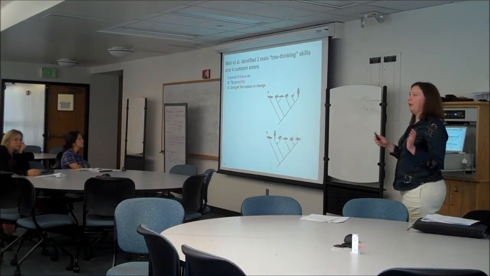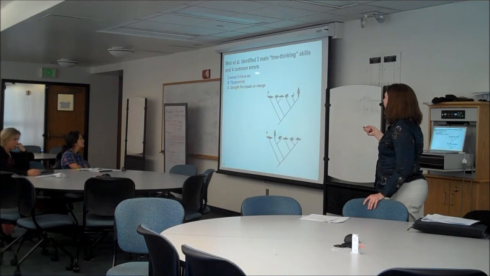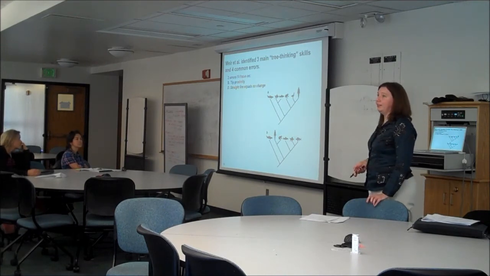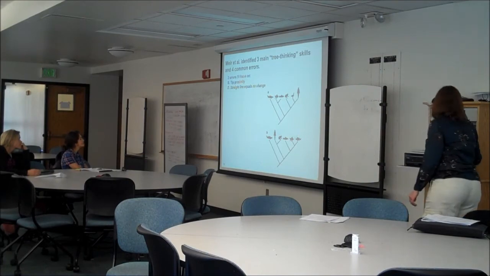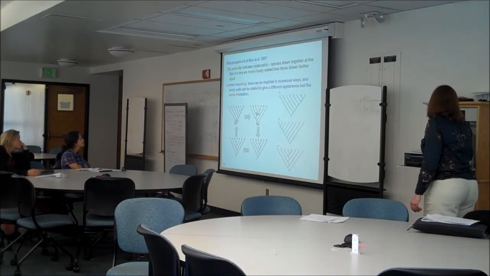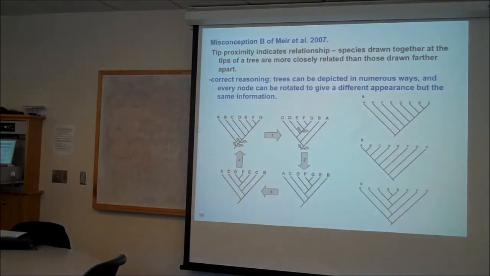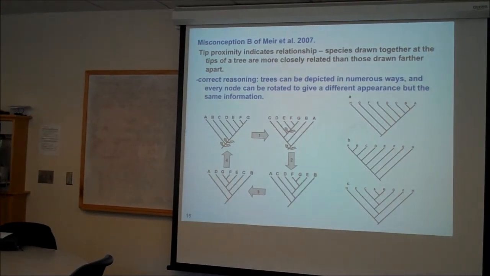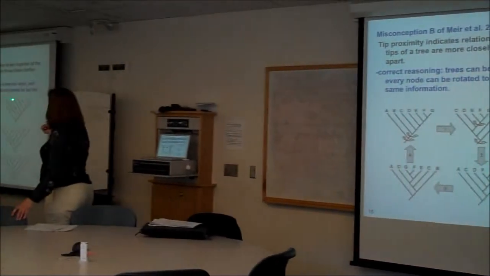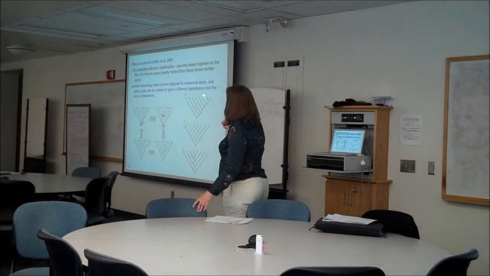So what I want to do is look at the Gestalt principles that apply to these sorts of things, these two particular examples. This is that other one I didn't explain, that B one. The idea is tip proximity indicates relationship. If this is closest to this, you can say, oh well, this is as close to this as it is to this one here.